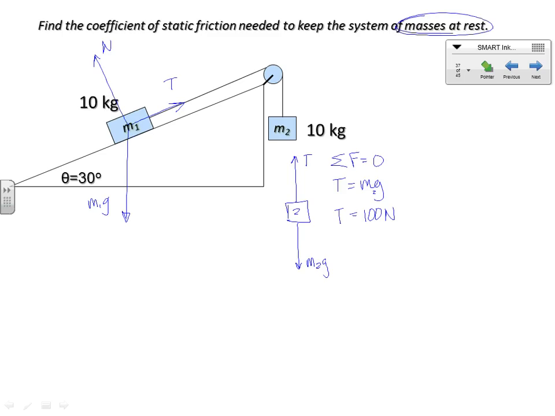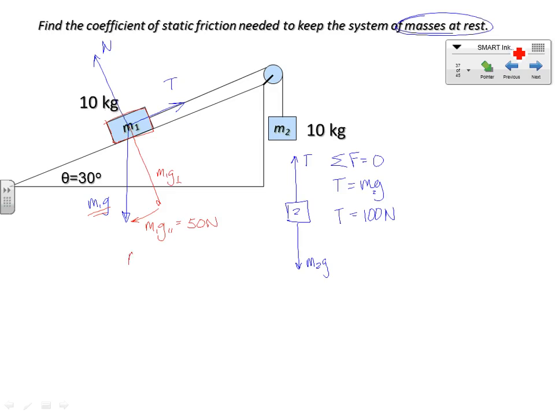Now over here, if we do this and say M1G parallel, M1G perpendicular, well, I don't really advocate doing it this way, but it's worth pointing out, this thing's also a 10 kilogram mass. So mg is 100, and the angle's 30. You should prove to yourself that that's 50.